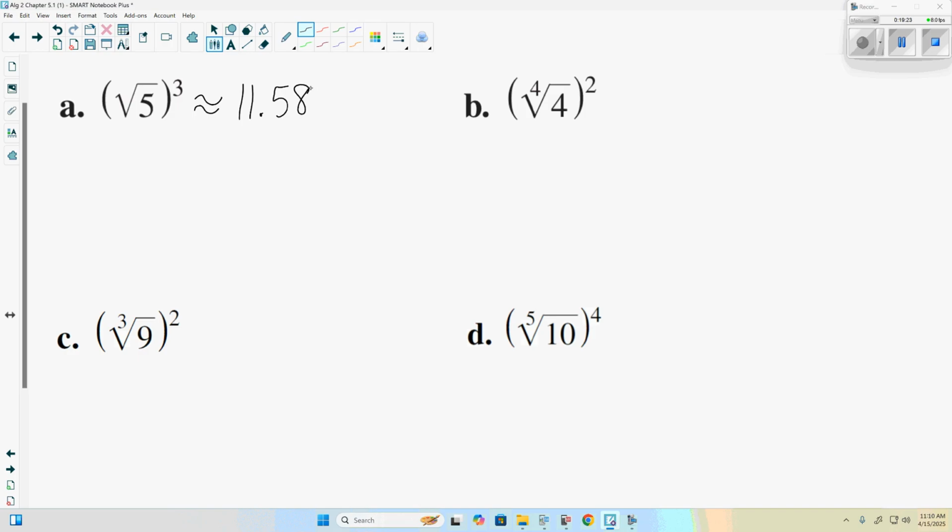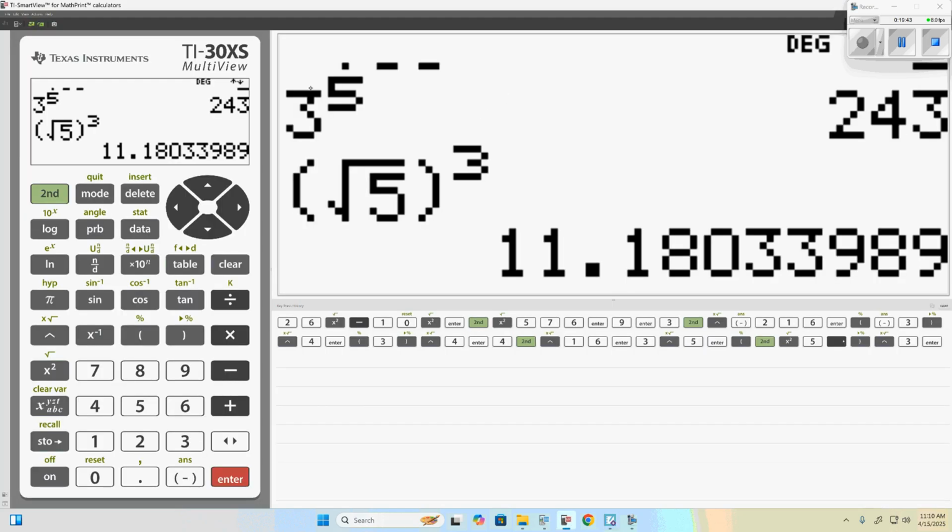B would indeed be 1. Yeah. Because the 4th root of 4 squared. Yes.